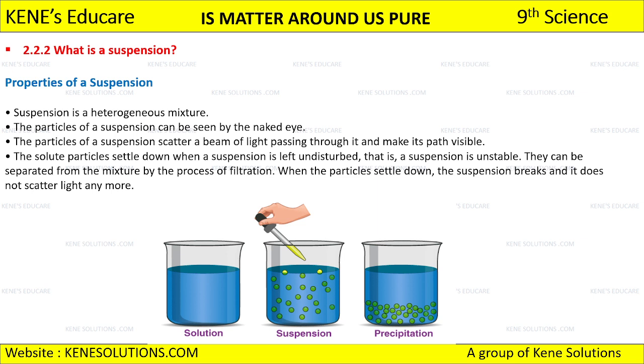That is, if we are not disturbing the suspension, the solute particles will settle down and the suspension will become unstable in that case. But we can separate that by using the process of filtration. And whenever the suspension particles settle down, in that case the suspension will break down and it is not going to scatter any more light further.